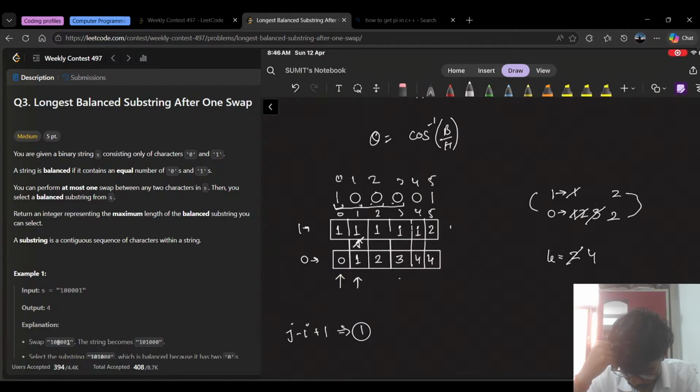Okay, suppose I need to initialize something. If s of 0 equals to 1, then ones of 0 equals to 1, else zeros of 0 equals to 1. And now it will be fine. Ones of i is equal to ones of i minus 1. Now it's fine.